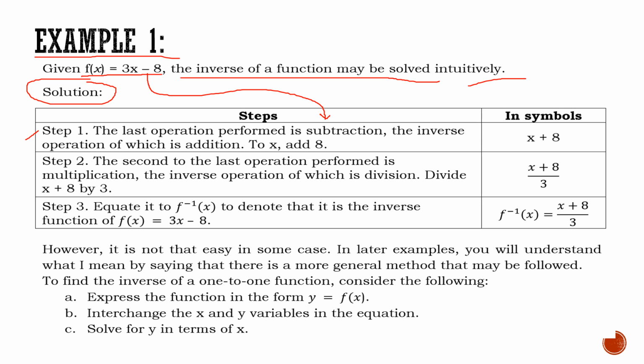So we just simply look for the inverse of the last operation performed in the given function, which is subtraction. So that will be addition now. The inverse operation of subtraction is addition, so we're going to apply this one.